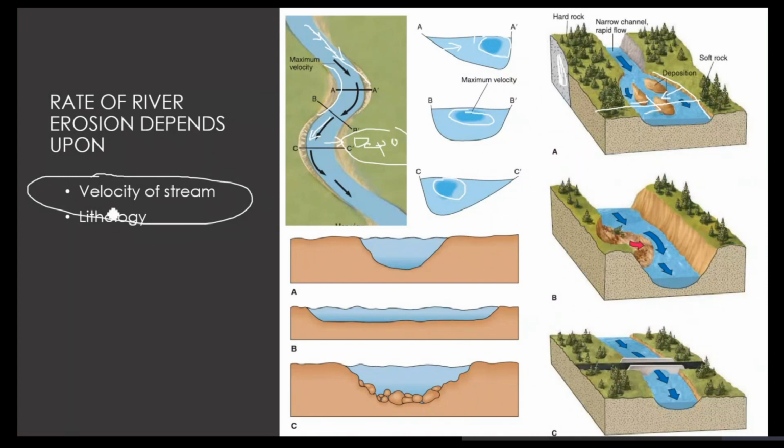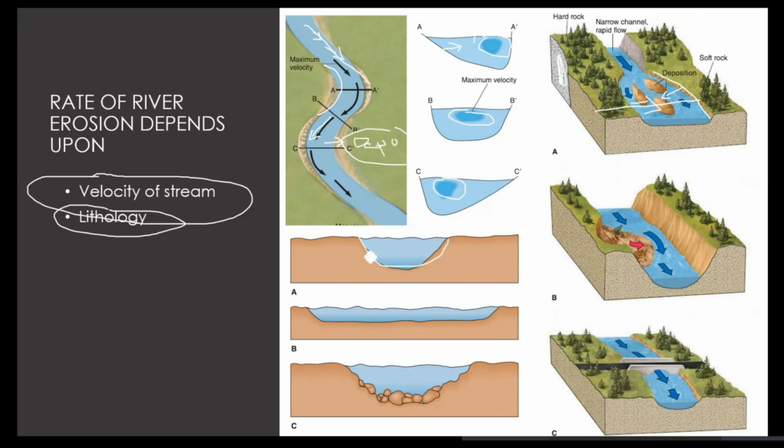So regarding the lithology of the rock, there are some rocks which are very easy to erode, but there are some rocks which are not easy to erode. So the rocks which are easy to erode will produce more erosion, whereas the rocks which are resistant to erosion will produce less erosion. So velocity is one thing. Velocity is also controlled by the shape of the river.